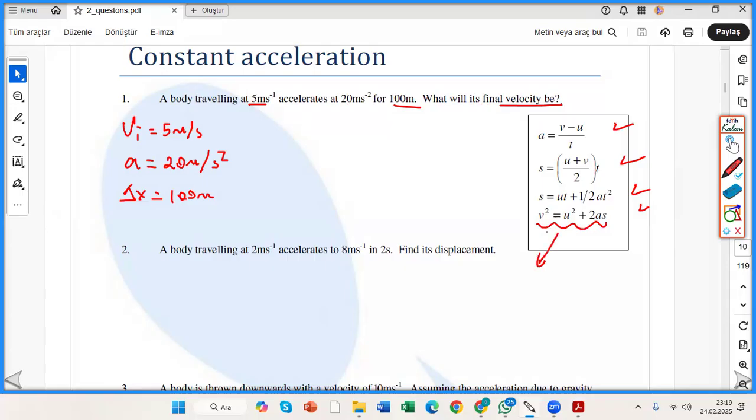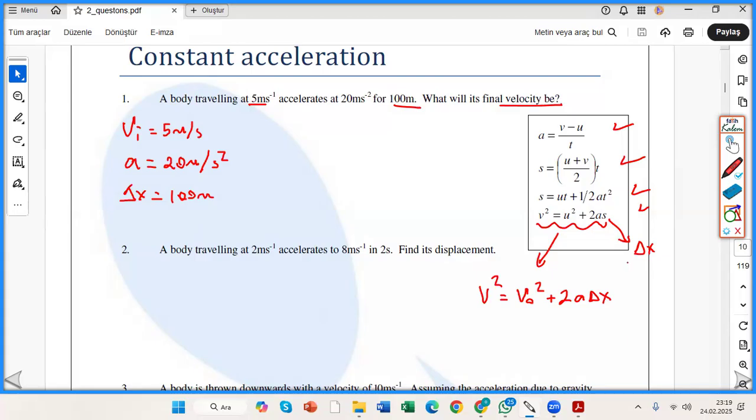In other words, as you remember, we have already explained this formula as v squared is v0 squared plus 2a delta x. Rather than delta x, here it uses s. Actually, it is delta x.